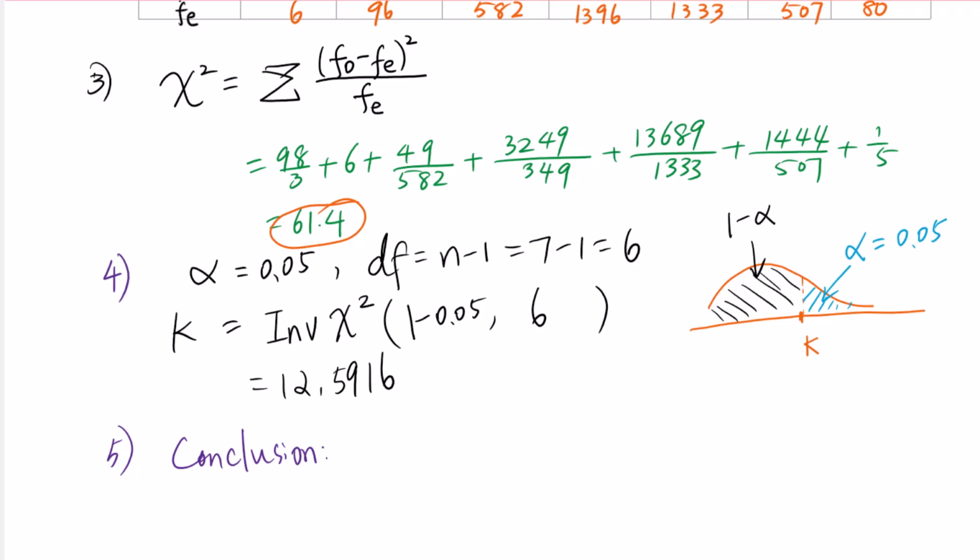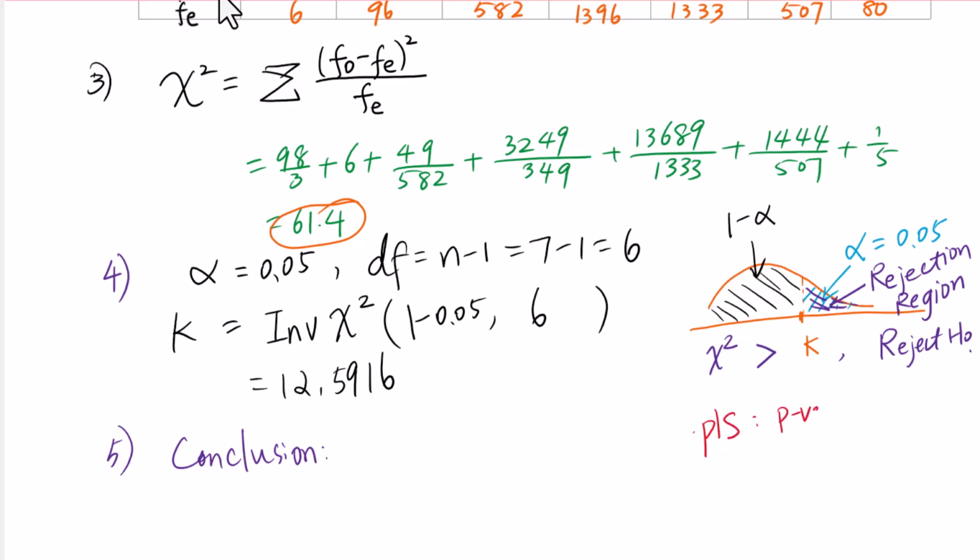The next step, we will draw the conclusion. We also know this area is called the rejection region. If chi-squared is greater than this k, then you reject H0. We always remember, when p-value is less than alpha, reject H0.